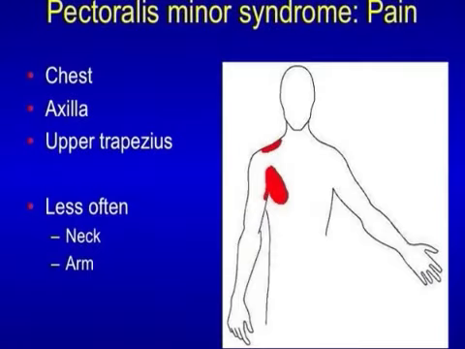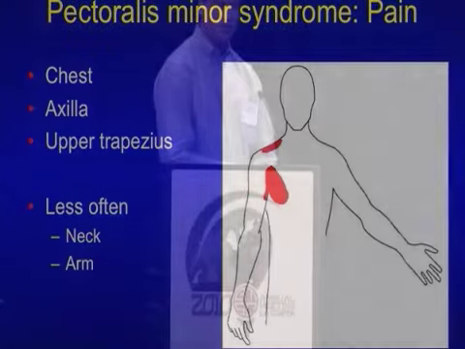Pec minor syndrome again has a relatively characteristic presentation in terms of pain, mostly in the chest, axilla, and upper trapezius. It's much less common to see patients with pain in the lateral neck and down the arm, although it can exist, and it's rare that they'll get paresthesias, and if they do, they tend to be non-localizing.